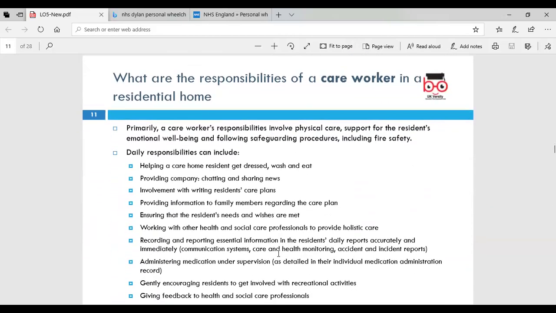So a care worker's responsibility involves physical care, support for the residents, whoever's living in that residential home, their emotional well-being, following safeguarding procedures. It includes fire safety.